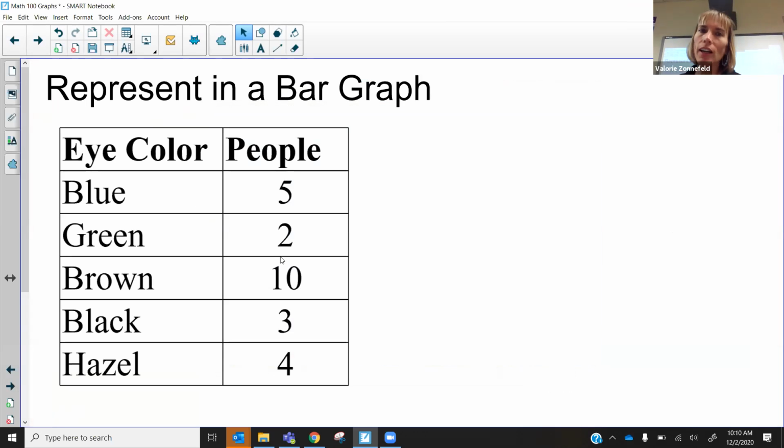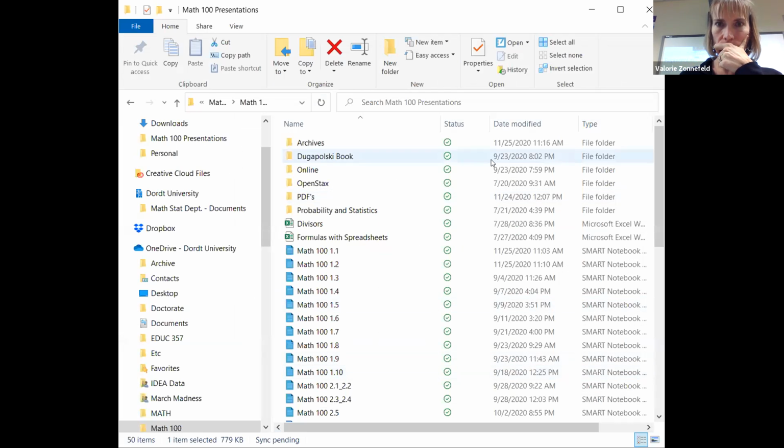We need to create a bar graph here. So this is the data. We're going to head back into our Google Sheet. So let me share that with you.